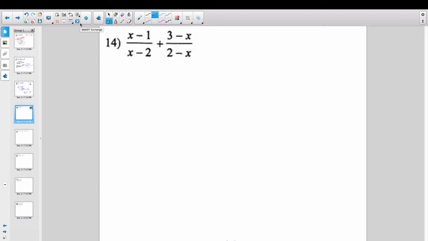Okay, so this one, number 14, adding two fractions, again, you need a lowest common denominator. But what you need to remember is when you see this situation, that those are opposite factors. Remember this, x minus 2 over 2 minus x, that's equal to negative 1.